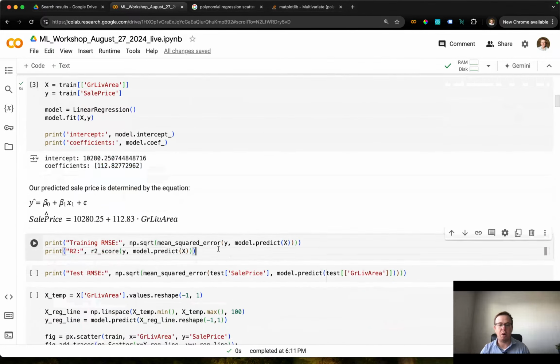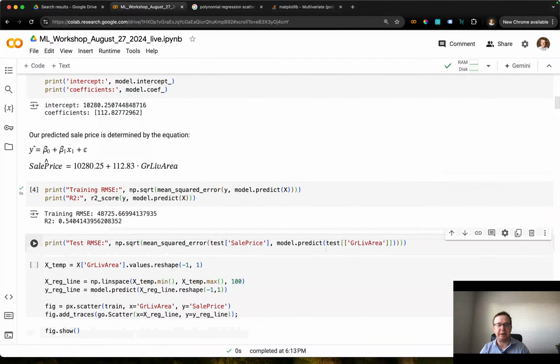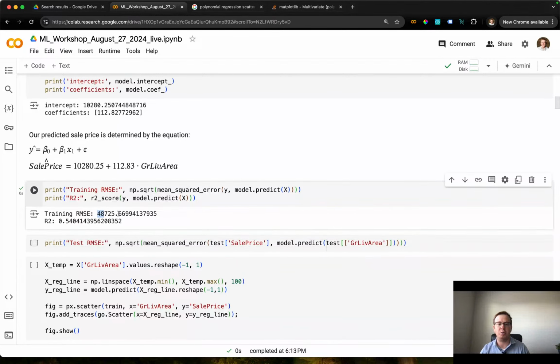Right? So we're gonna do a different. Okay, so check out our root mean squared error here. By the way, I'm going to use root mean squared error today because once we transform our y variable to be not just sale price, but to be the logarithm of sale price, that combined with using root mean squared error as our error metric will then match the Kaggle leaderboard.